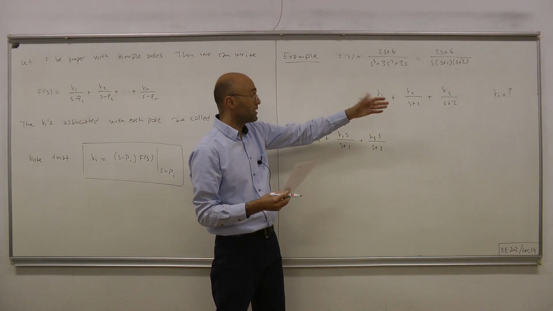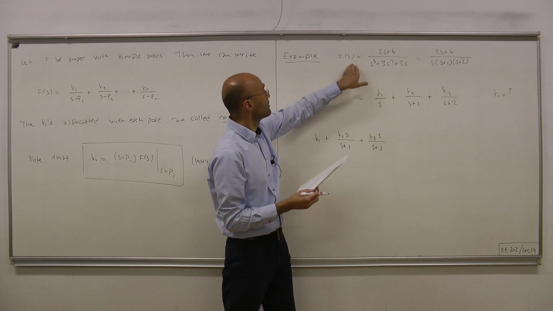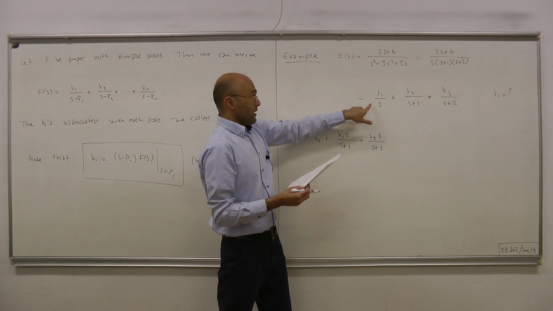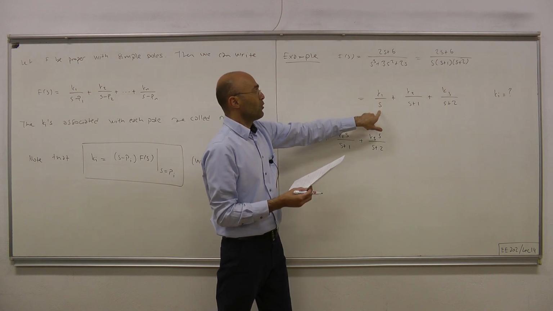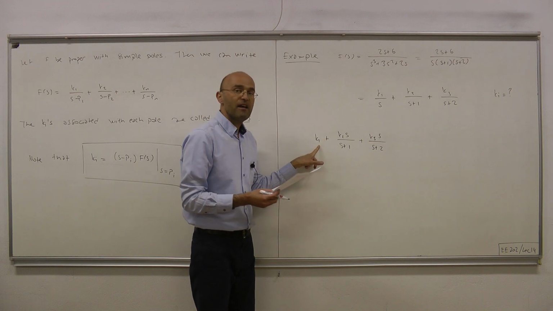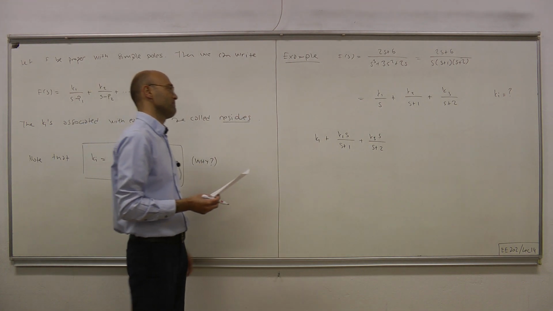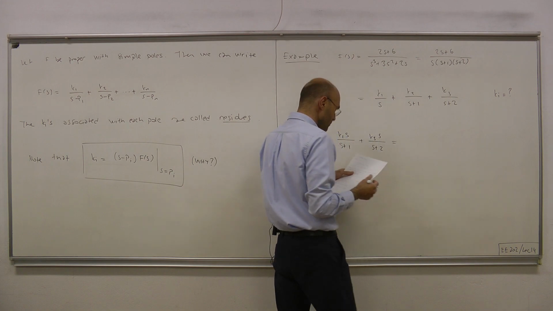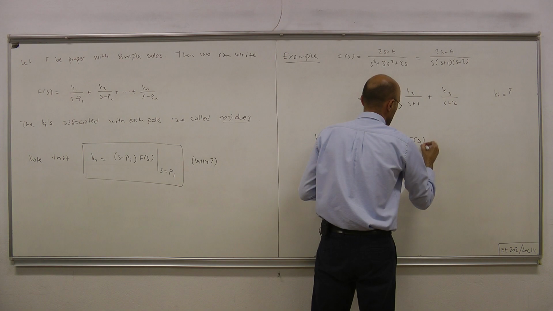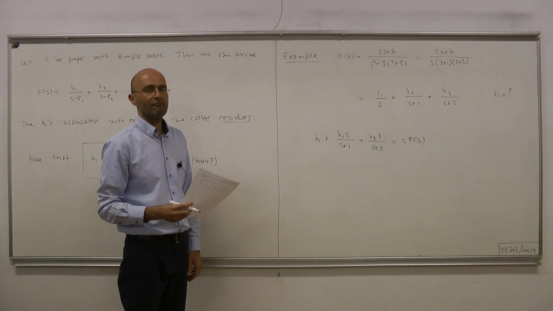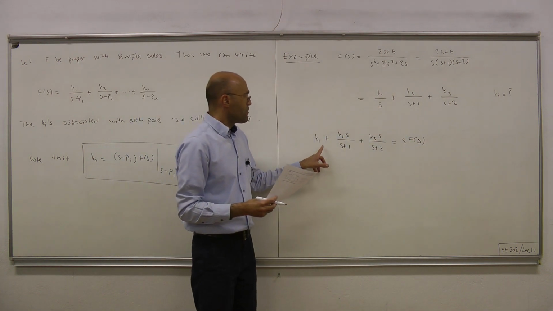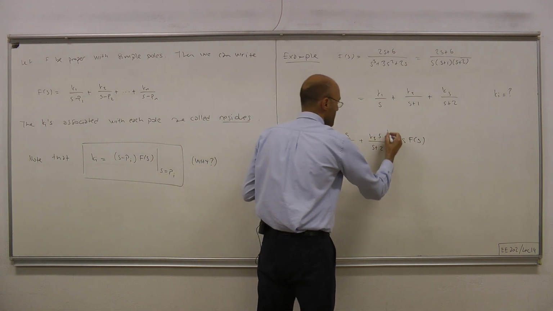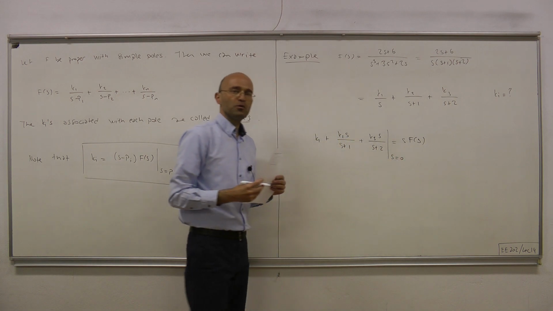So what we did is we multiplied both sides, this is F(s), with s. This term will be s k1 over s, and those s's will cancel, and we will be left with k1 sitting on its own. And this equals s times F(s). Now, if you want to compute k1, we can evaluate this at s equals 0.